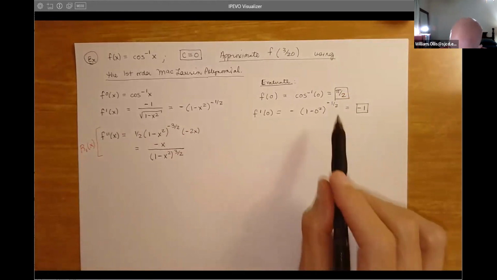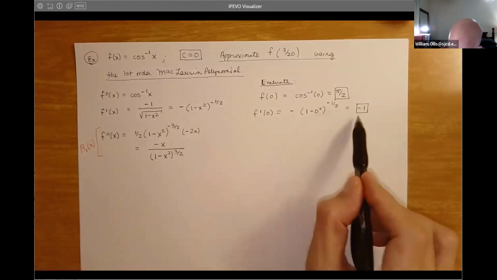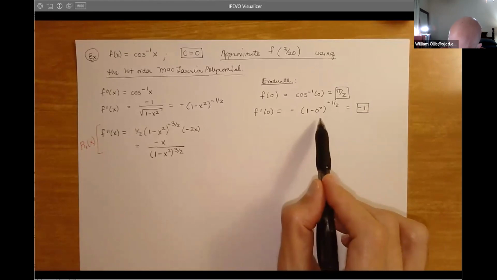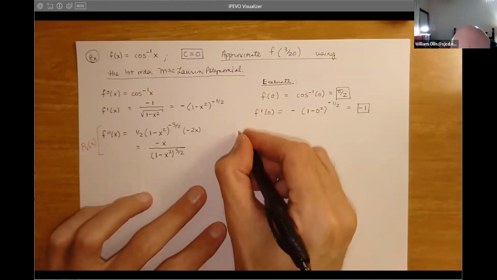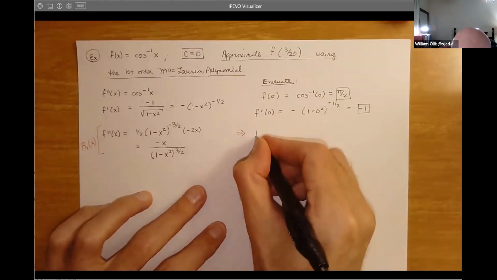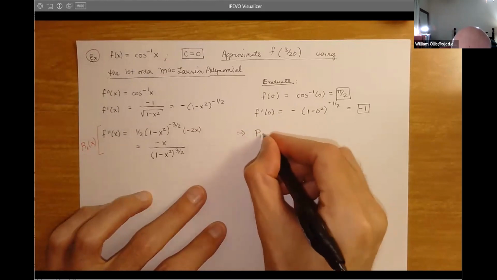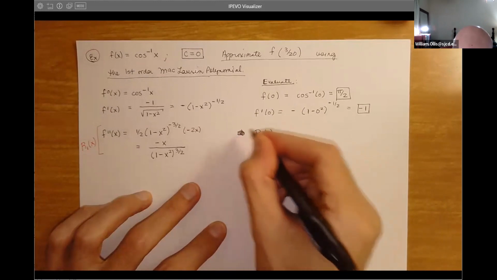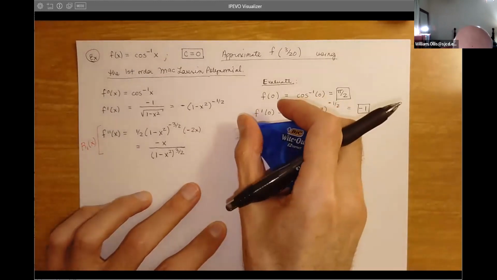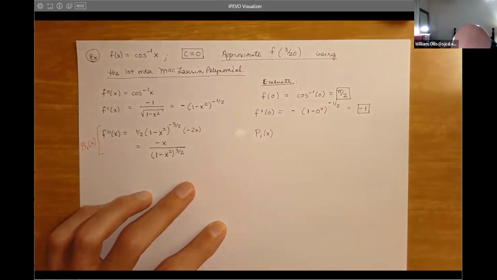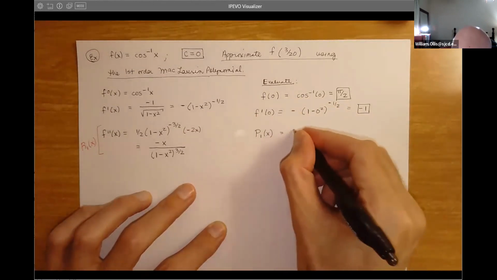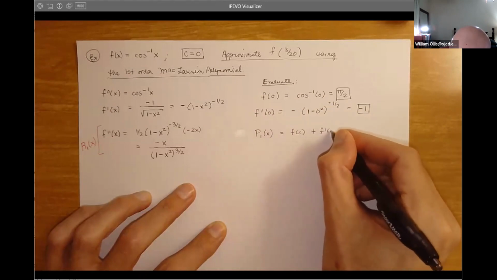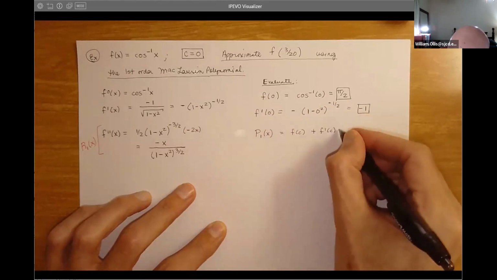So the idea here is that when you look at this, you're thinking, okay, this is what we did before, but so much less work, and we like that. So let's just write down what P1 of x is. This is just going to be f of c plus f prime of c times x.